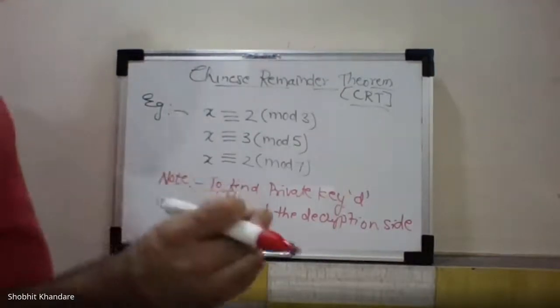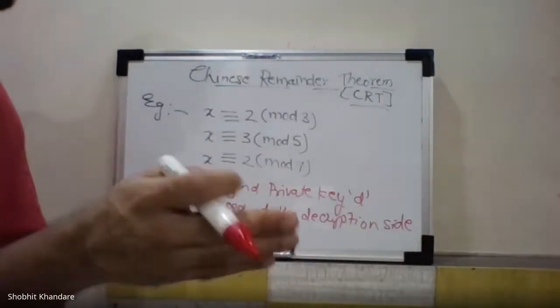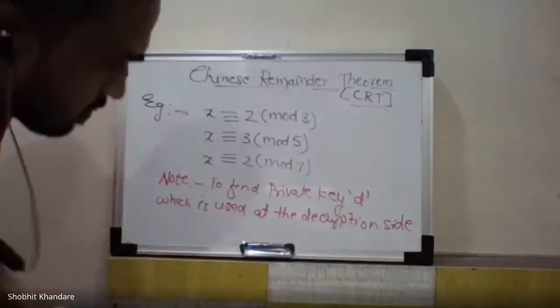Now you know the equation for d. But how do you get that d? Just see here.